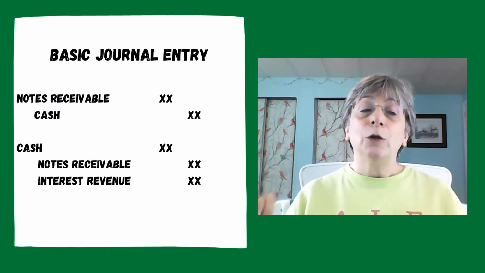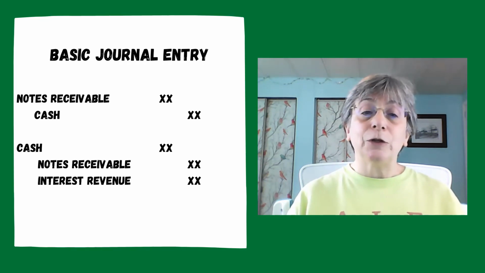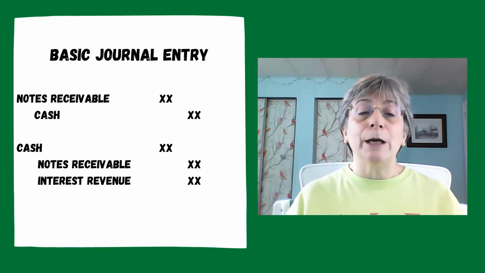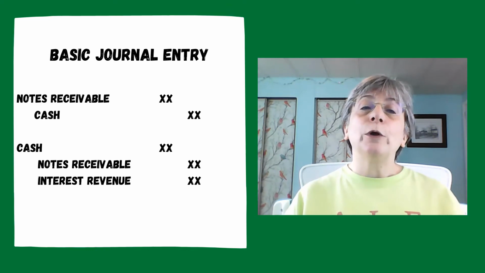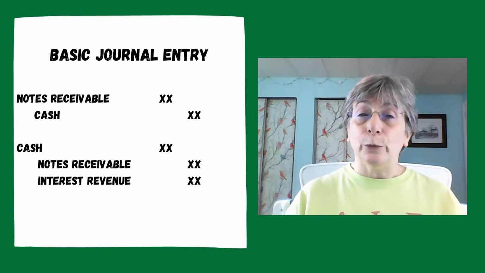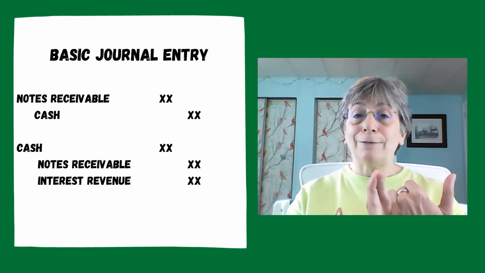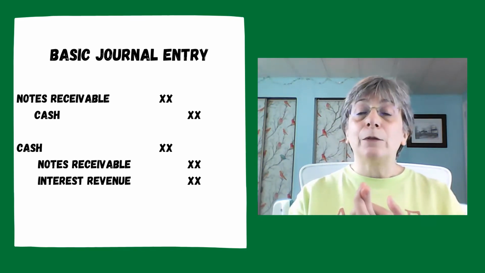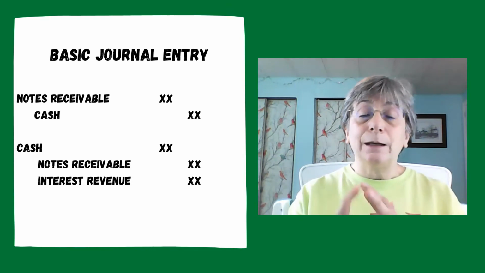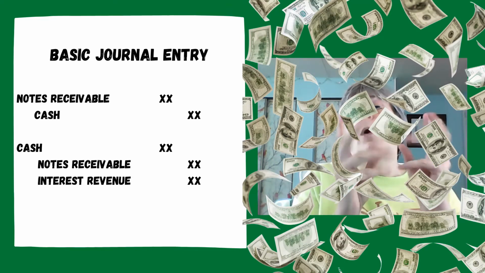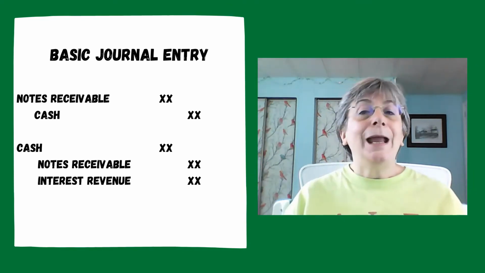And then we say notes receivable credit to decrease it because you no longer owe me the money. And then we're also going to credit our interest revenue account. So now we've booked the fact that I have interest revenue, that you have repaid the loan, and that now I have all of the wonderful cash. And there you have it.